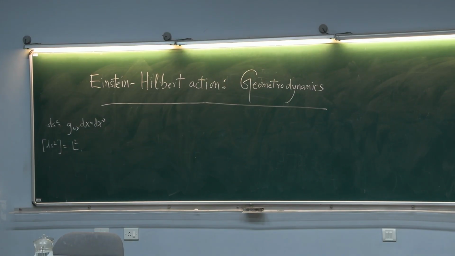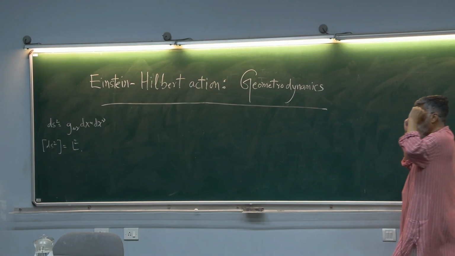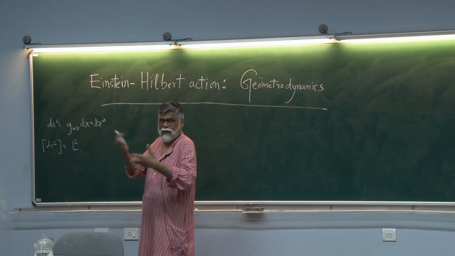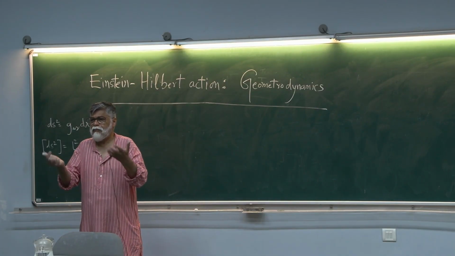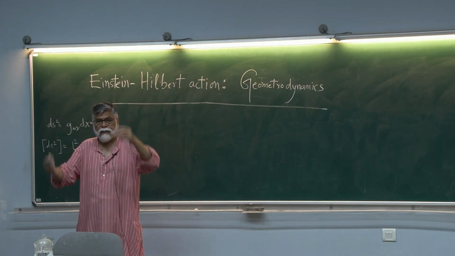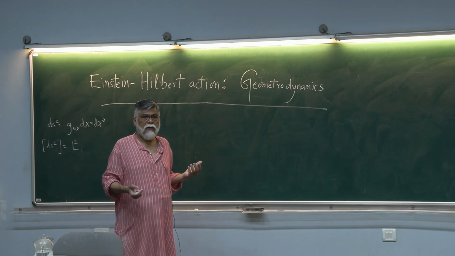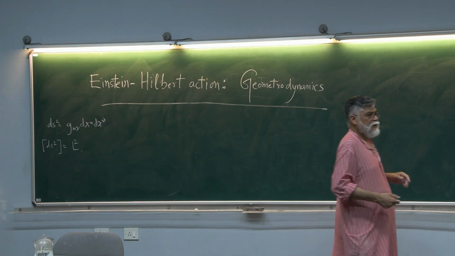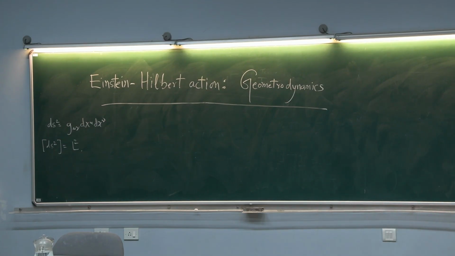Why is it that all physical quantities that we know of carry physical dimensions which are combinations of length, mass, time, their powers? Someone will say, what about charge? Yeah, you think about charge, eventually it will be some combination of length, mass, time.